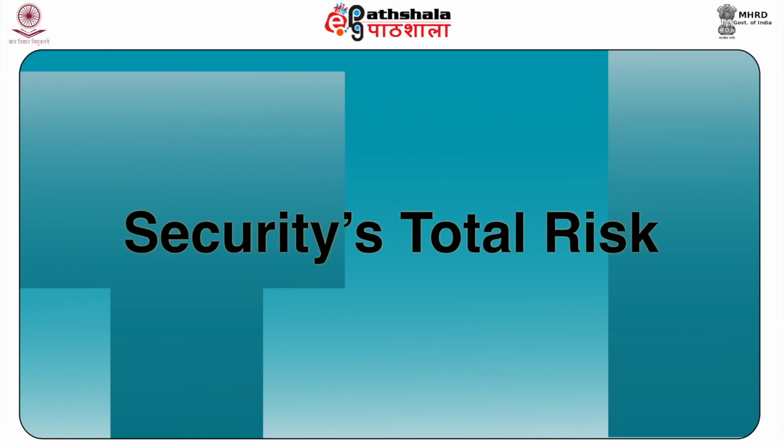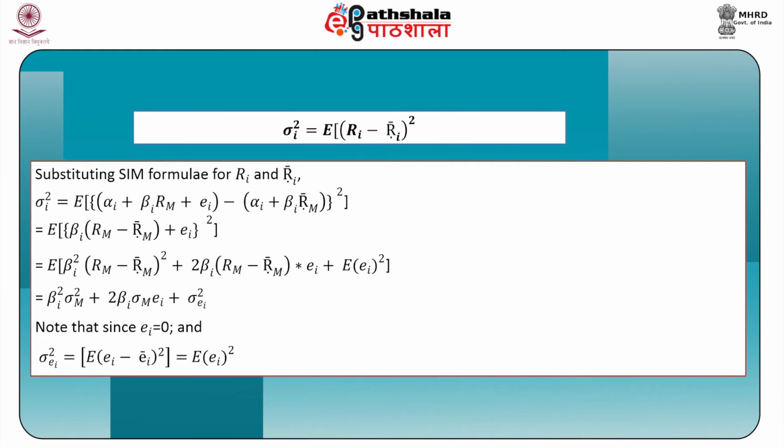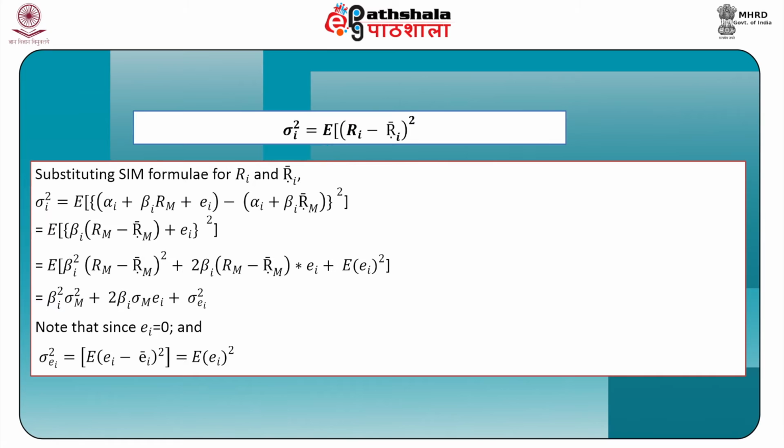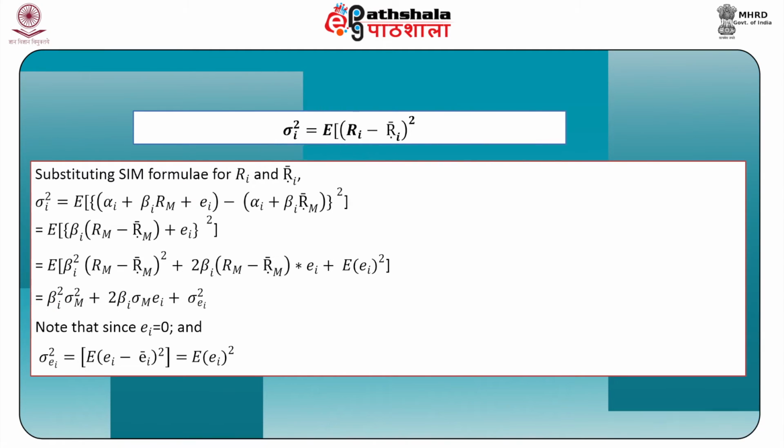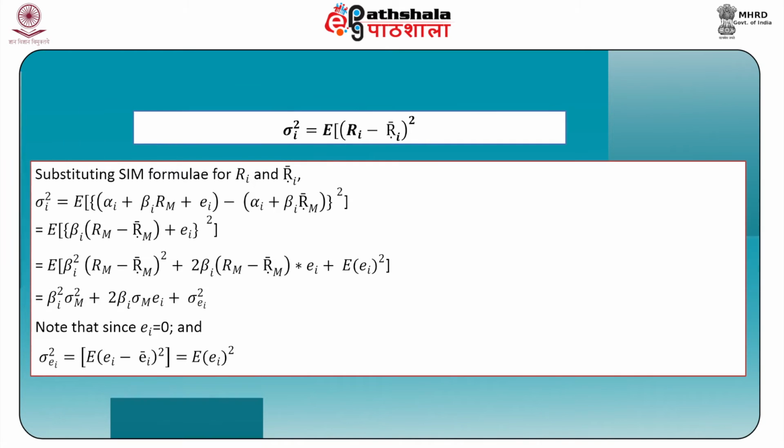This assumption also leads to two mathematical expressions: the security's total risk, sigma i square, and the security's market risk, beta i. Security's total risk. We know that the security's variance of return, sigma i square, is equal to E in bracket Ri minus Ri bar, whole square. Equation 8.